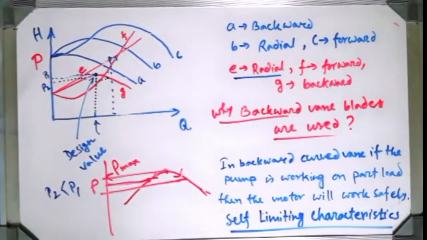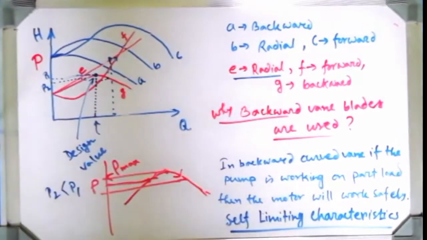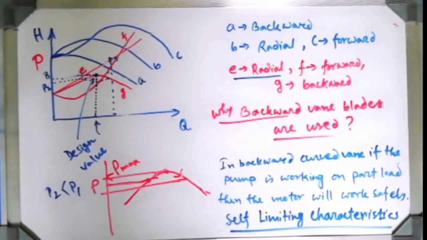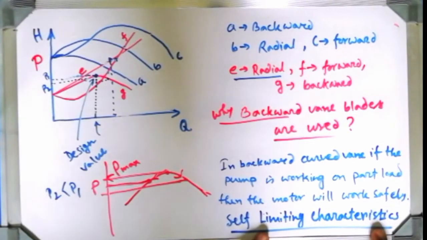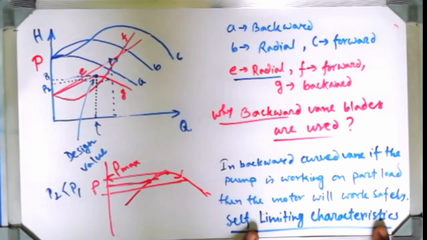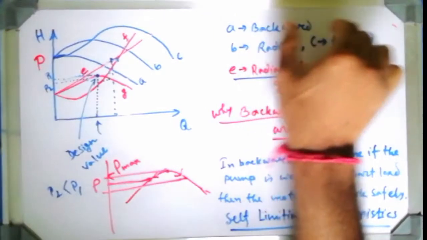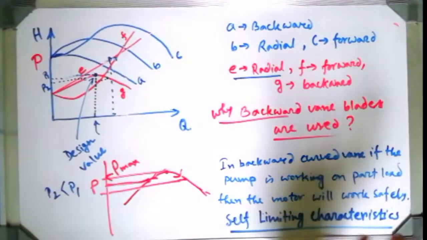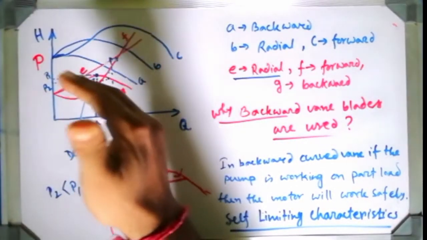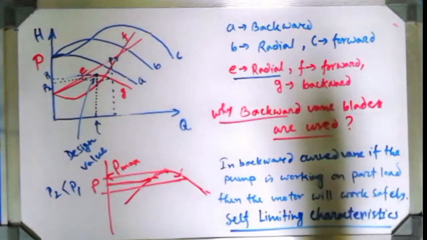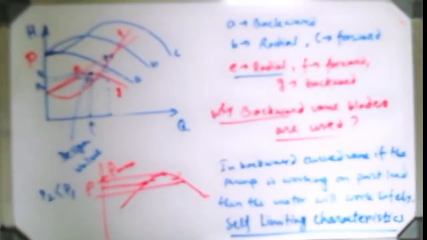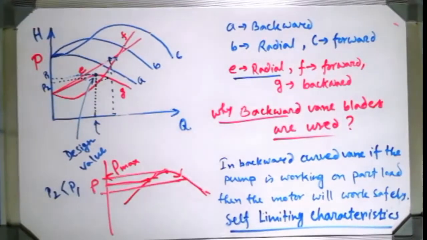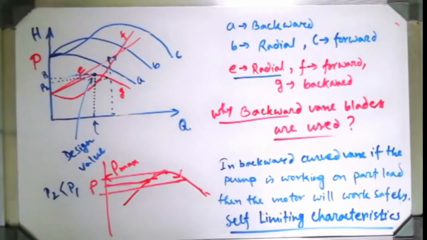So that is the reason why we select backward curved vane instead of forward or radial curved vane, because backward curved vane gives you the self-limiting characteristics, but in radial and forward curved vane these characteristics will not be there. It cannot keep the motor safe if the pump is working more or less than the design value, and it will have some impact on the motor. That is the reason why we prefer the backward curved vane.